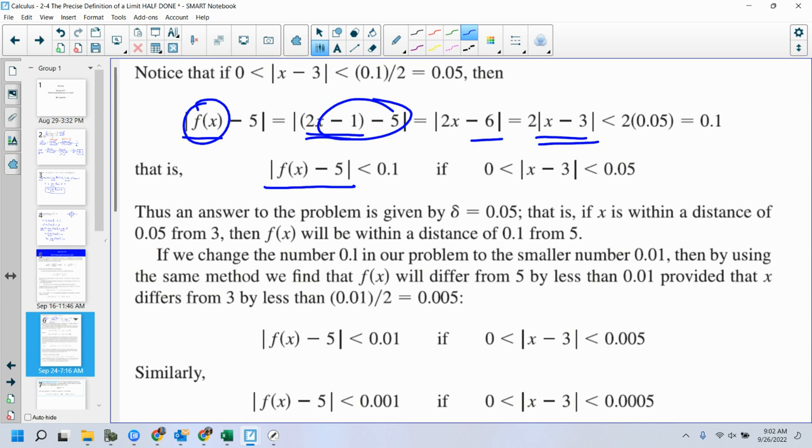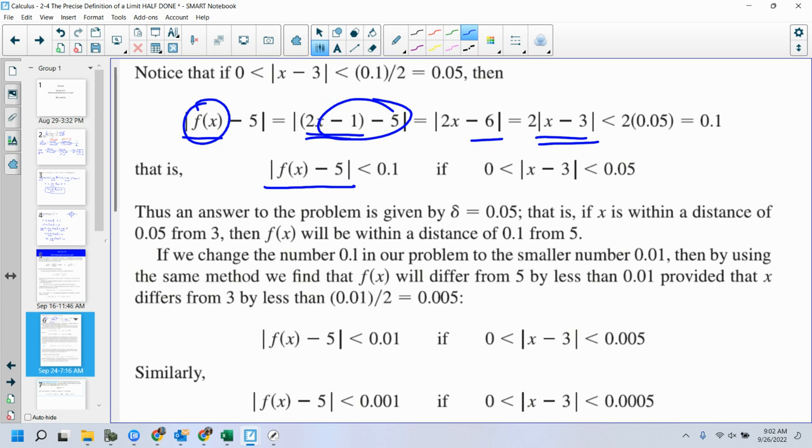Okay, what is that telling you? That's telling you that if you want your outputs to be between 4.9 and 5.1, you need to calculate x values such that it needs to be between 2.95 and 3.05. That's going to be in your acceptable range.